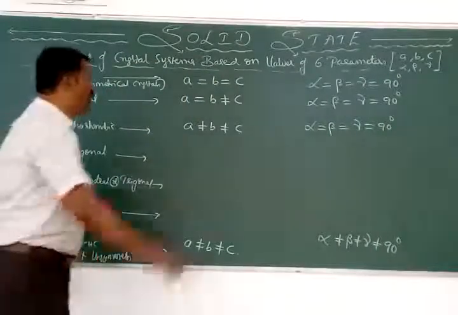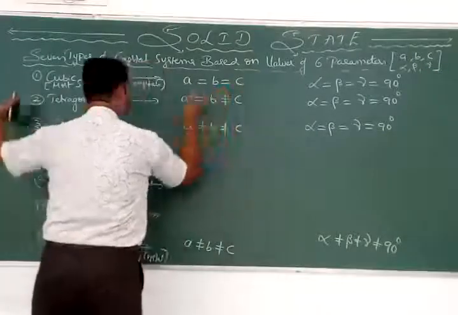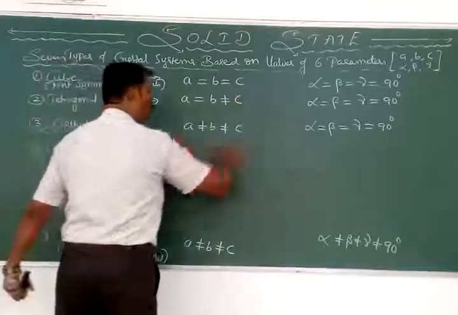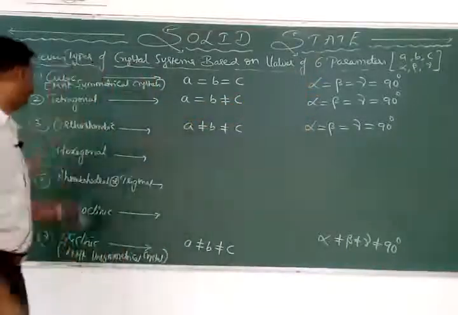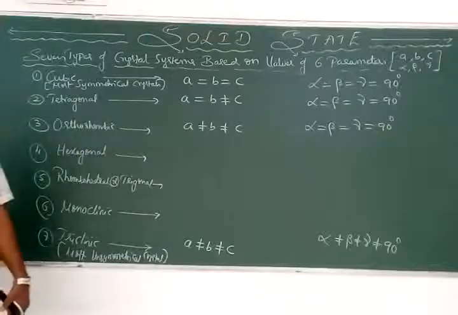If all the edge lengths are equal, it is cubic. If two sides are equal compared to the third, then it is called tetragonal. If all the edge lengths are different, then it is orthorhombic. So that is the comparison of 1 and 7, and then 1, 2 and 3. This is how you have to remember.